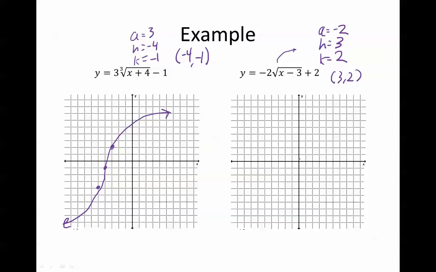So my starting point, which is normally at 0, 0, is shifting to 3, 2 right there. I then use this dilation number, right 1, down 2, to determine the overall shape of the graph, which means I'm going to go down through that and curve to the right.